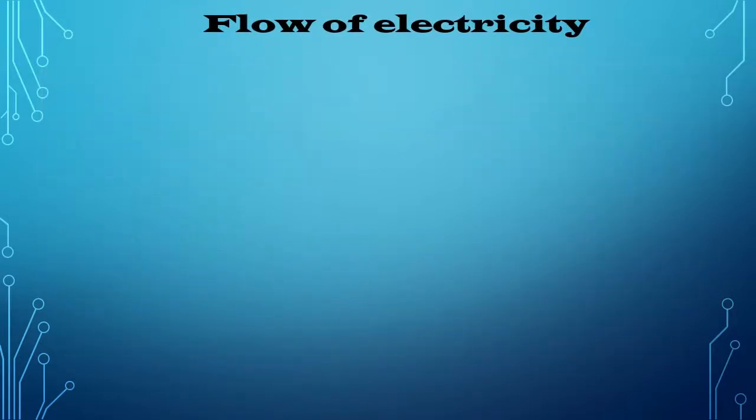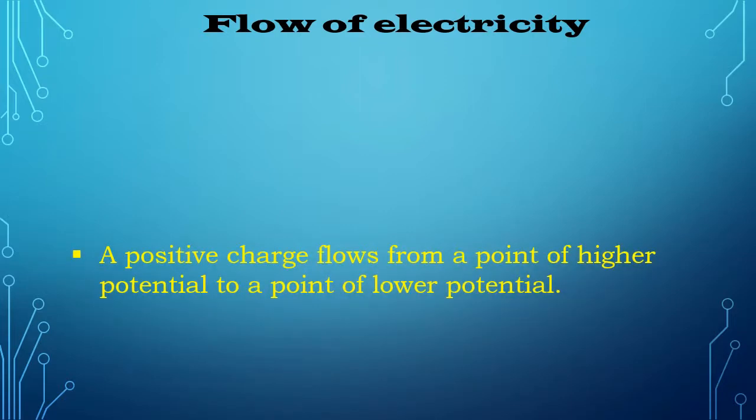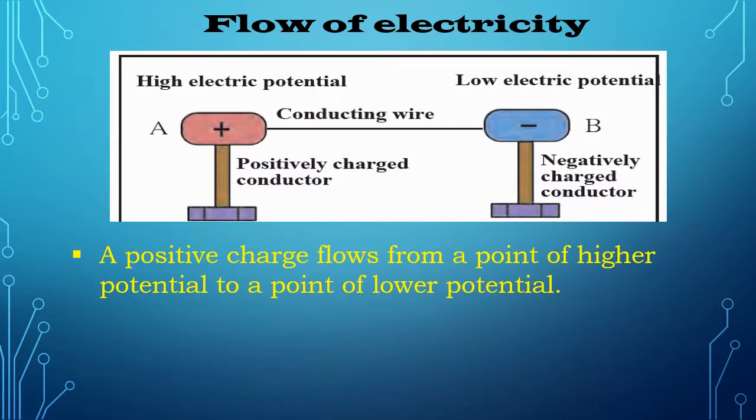We know that a positive charge flows from a point of higher potential to a point of lower potential. In the figure, conductor A is at a higher potential than conductor B. When these two are connected by a conducting wire, a potential difference is created between its two ends, and the electrons, being negatively charged, will flow from point B to point A through the wire.